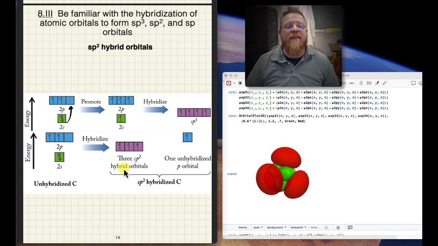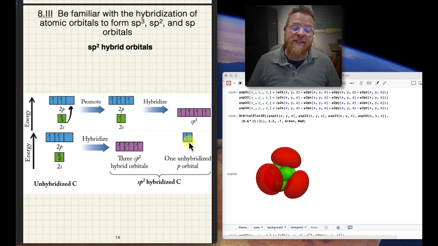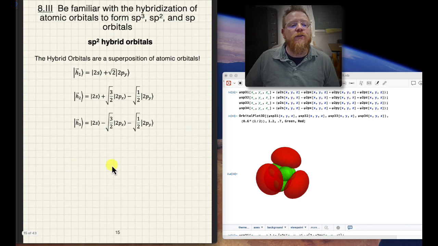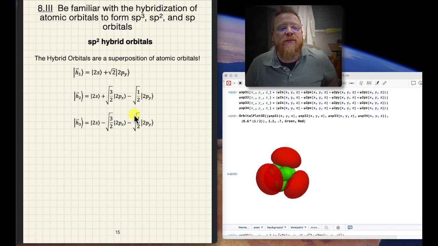And that possibility is to only use 3 of those electrons to make hybrid orbitals, and 1 remains in its unhybridized p orbital. So again, we could make 4 sp3 bonds, or we could make 3 sp2 bonds and keep 1 p orbital.